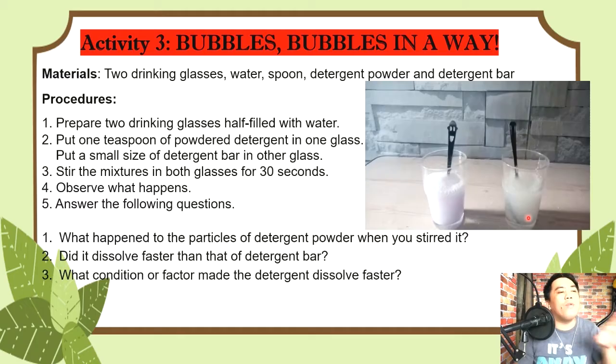Ano kaya yung factor na andyan sa detergent bar na wala sa detergent powder? Bakit kaya mas natunaw ng mas mabilis ang detergent powder kaysa sa detergent bar?